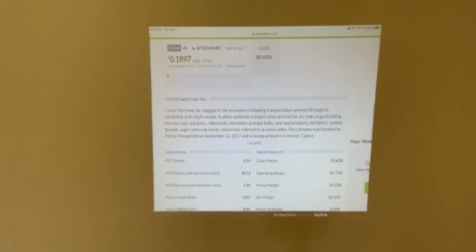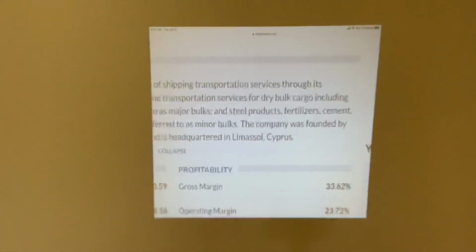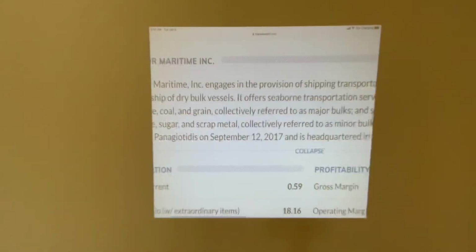So you read right here, you see Castor Maritime Inc. It tells you information about what they do, what equipment they have, and when they were founded. Sometimes the time the company was founded matters to you.